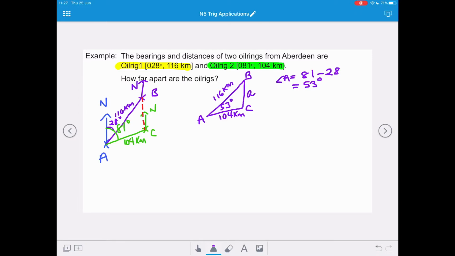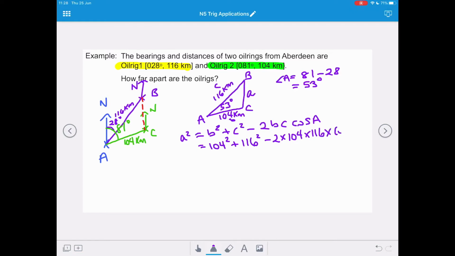So our cosine rule is a squared equals b squared plus c squared minus 2bc multiplied by the cosine of angle A. Then we're going to substitute in our values. So we know that b is 104 squared plus c is 116 squared minus 2 multiplied by 104 multiplied by 116 multiplied by the cosine of angle A, which is 53.